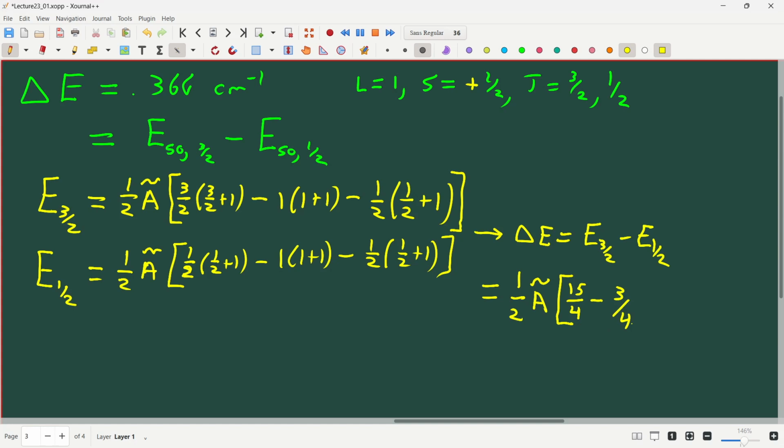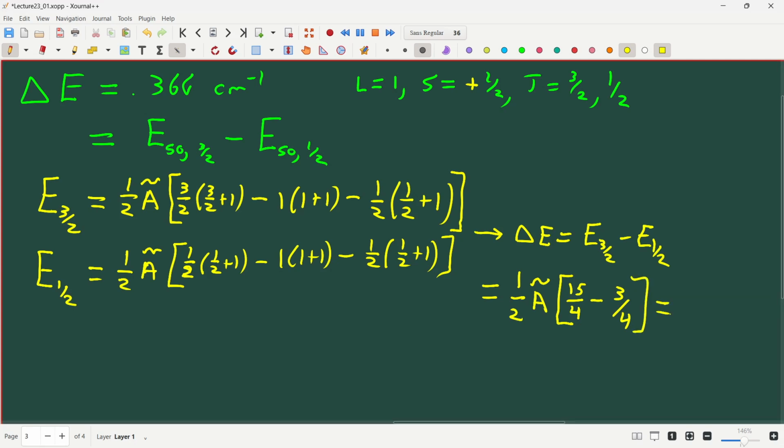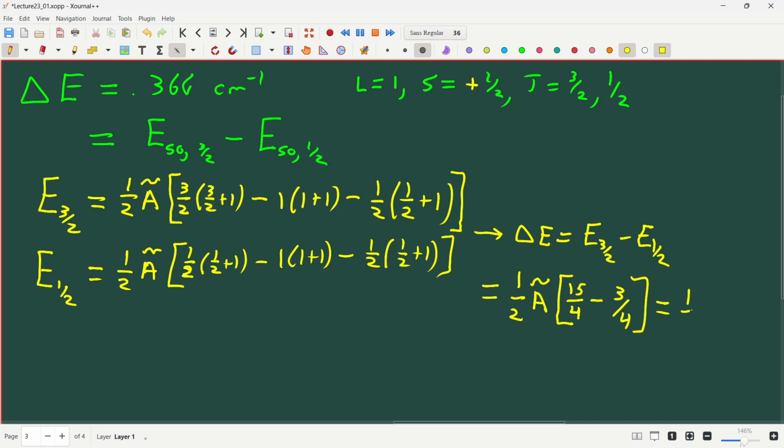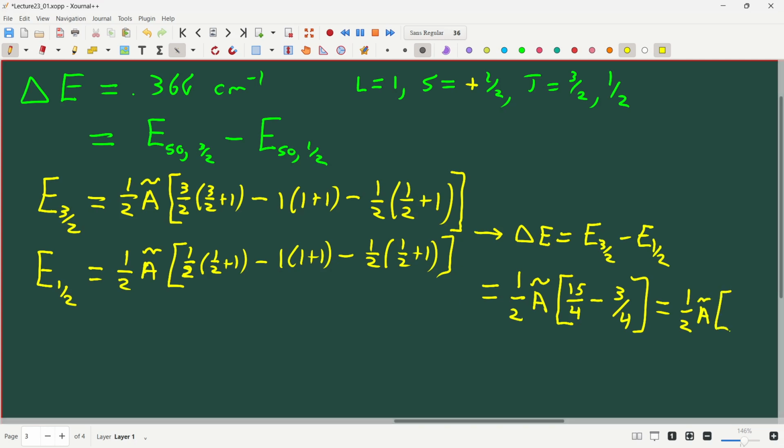I think my numbers are wrong here. Hold on a second. So what does this work out to? Oh yeah, no, this is right. So this is 1/2 A times 12/4.